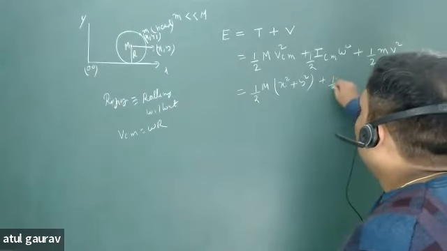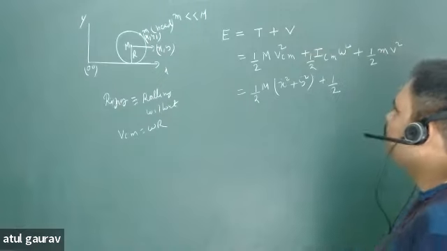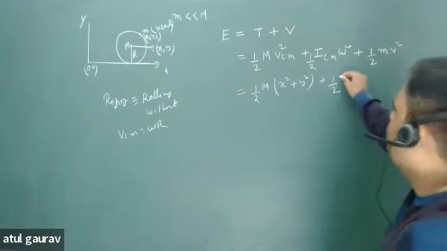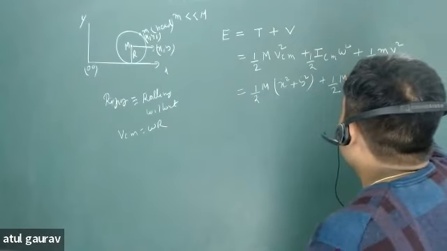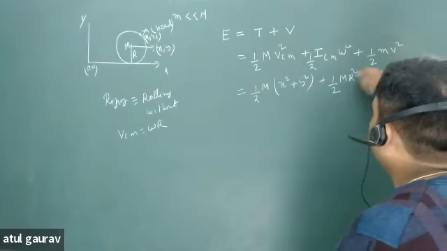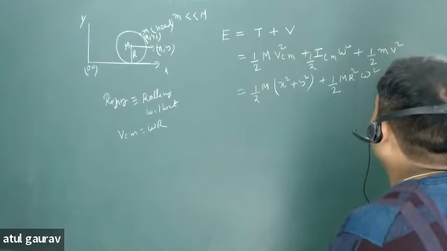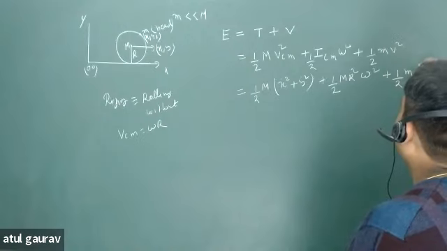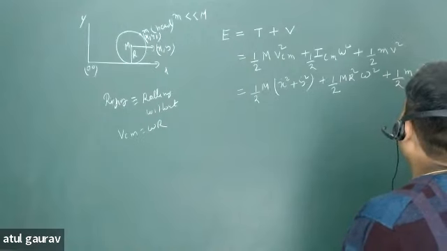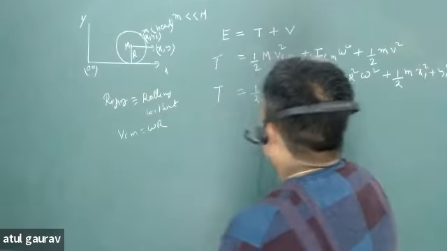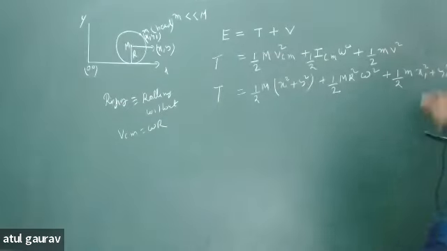And half ICM will be half M r square, and omega we leave as omega for now. And this will be half m times x1 dot square plus y1 dot square. We are writing just the kinetic energy expression.